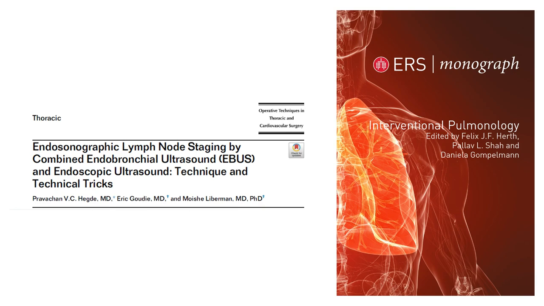But I can tell you, I've been doing this for 11 years as an attending. I've not had a single complication from EUS, though it's been described. Some of the complications can be mediastinitis, some edema, perforation, pneumomediastinum, or mediastinal hematoma, which is less than 1% in the large literature that's been described.